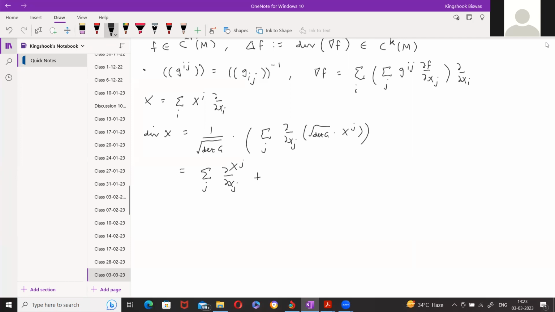That will be 1 over 2 square root determinant g into the derivative of determinant g. So let me just write this as sum over j del del xj of square root determinant g divided by determinant g.